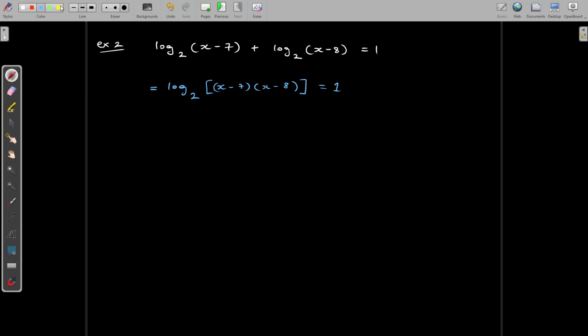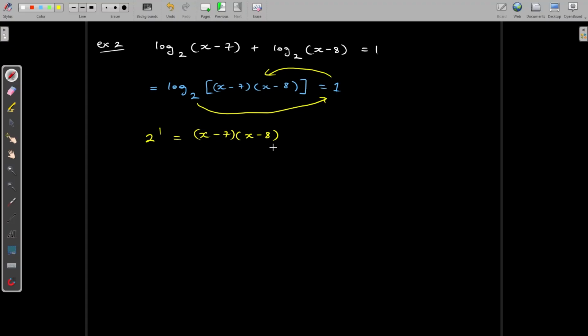So now we can go ahead and convert this to its exponential form by saying 2 raised to the first power is equal to all of this inside the bracket. So this will give us 2 raised to the first power is equal to (x minus 7)(x minus 8).